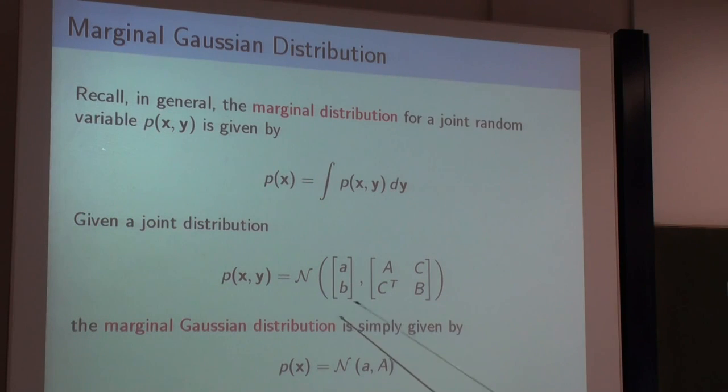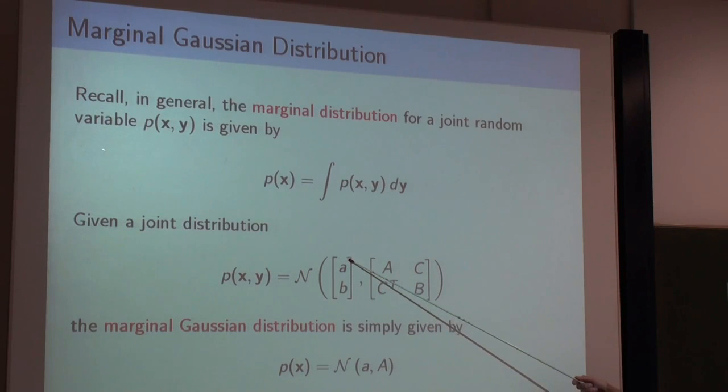Okay, and now there again is a very nice formula for normal distributions. Suppose we have a normal distribution where the expected value is a vector consisting of A and B, where A is a vector and B also is a vector. So it's a column vector where the upper part is A and the lower part is B. And the covariance matrix decomposes into block matrices.